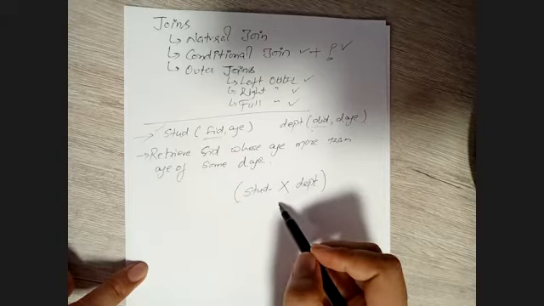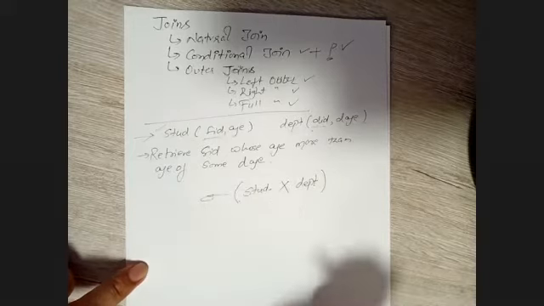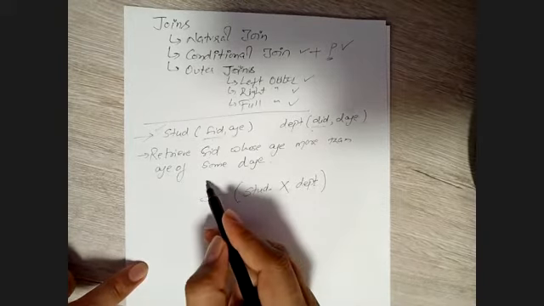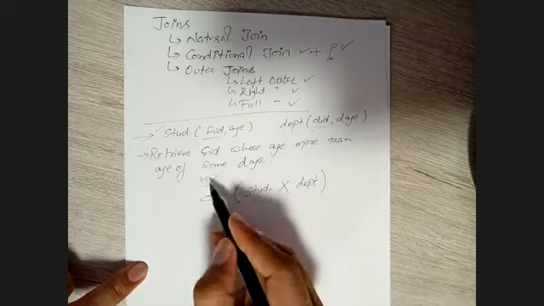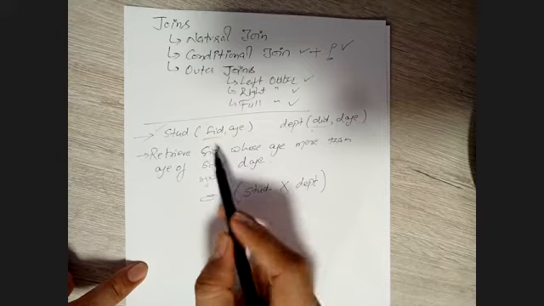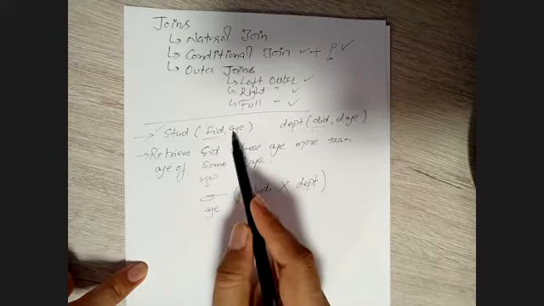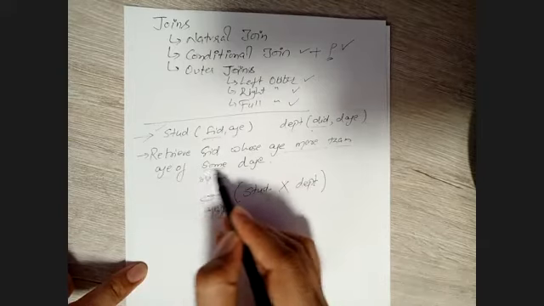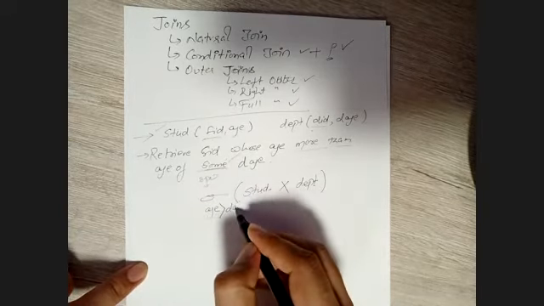Now we will select those rows only. I told you selection operation works on rows only. We will select those rows in which the age of the student is more than the age of some DAge.